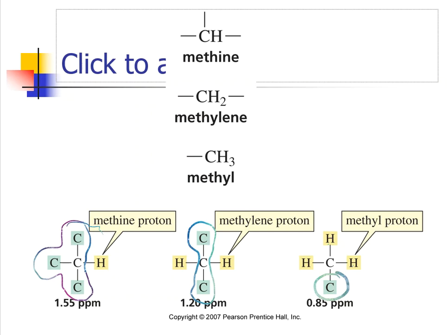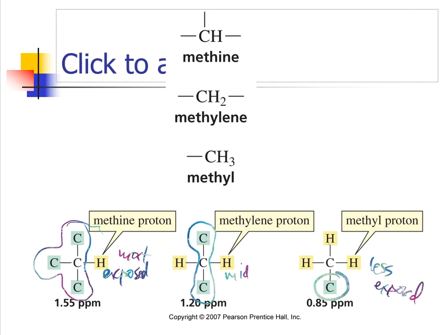Those 3 neighbors play a role in how this hydrogen basically sees the magnetic field. And it looks like this one has a higher ppm value, which kind of means that this one is more exposed. And this one has a lower ppm value, which means that this one's kind of the middle exposed. And then the last one has only 1 carbon with a 0.85. And this one is the less exposed out of the 3.